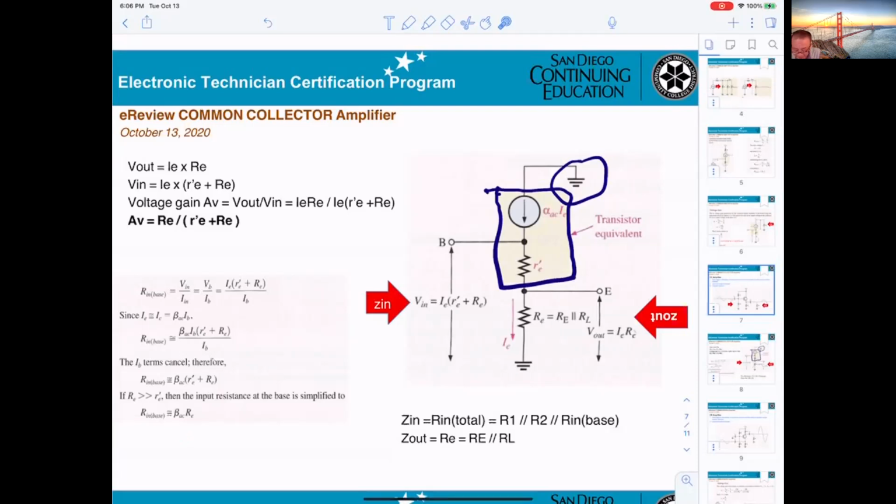And then the formula for the calculation: input impedance will equal R1 parallel R2 parallel R in base. However, R in base is calculated by beta times R small e.